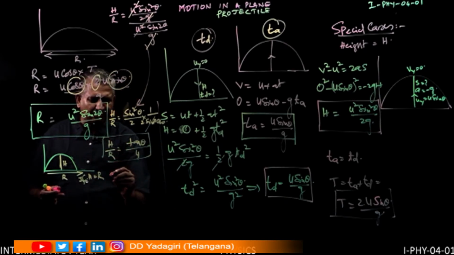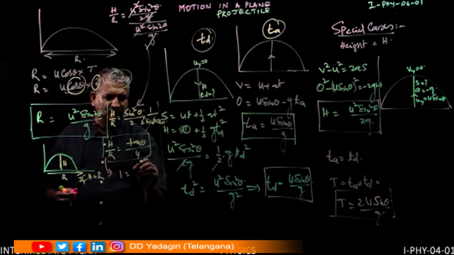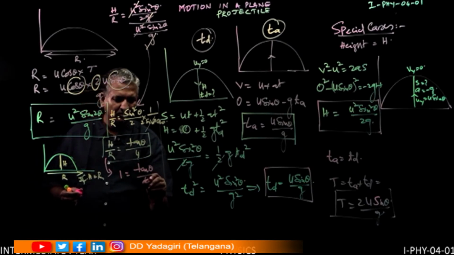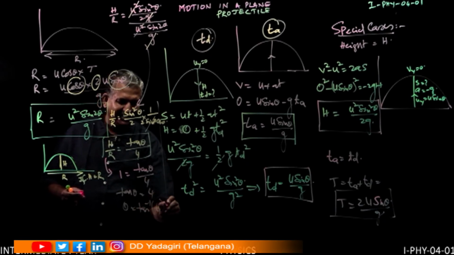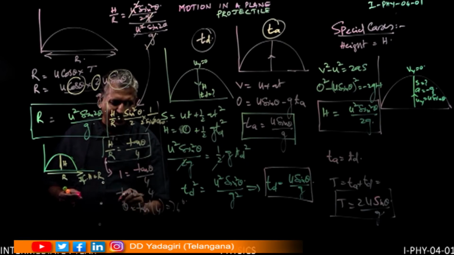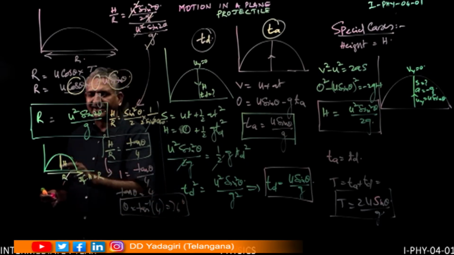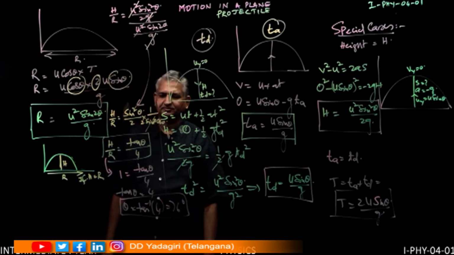H by r becomes, from the above formula, 1 equals tan theta by 4. So tan theta is equal to 4, or theta is equal to tan inverse of 4, that is 76 degrees. So for an angle of projection of 76 degrees, height and range of a projectile will be same.